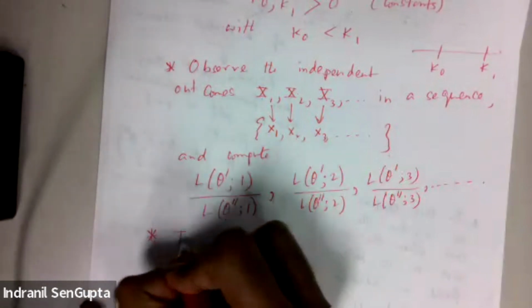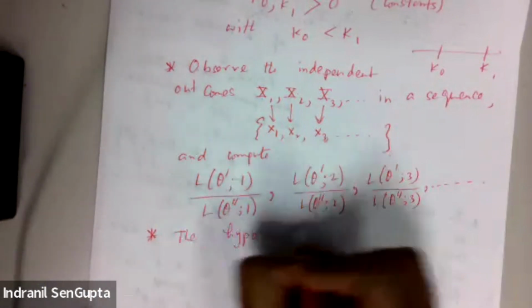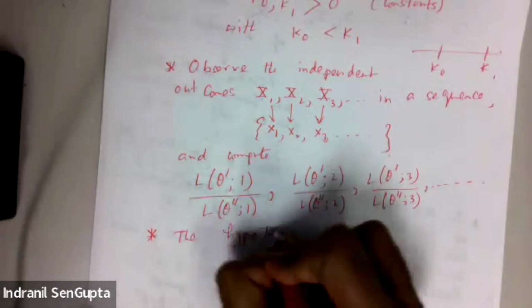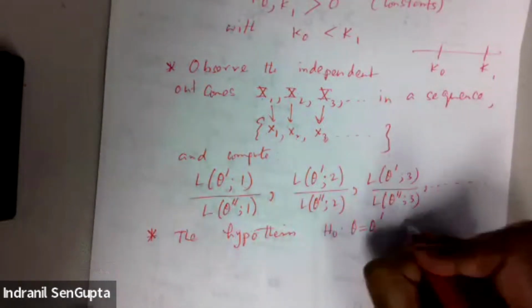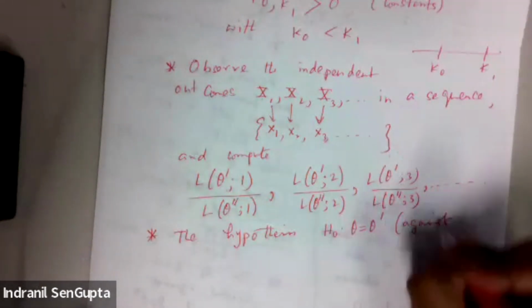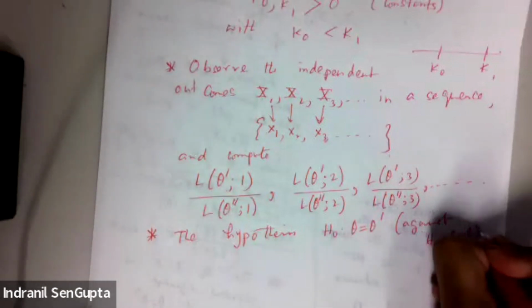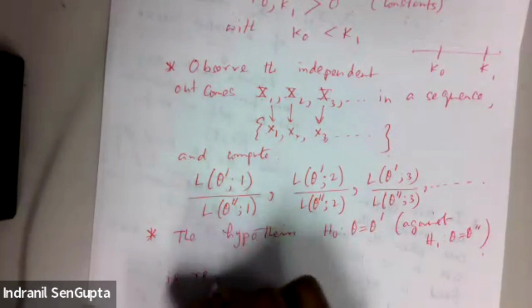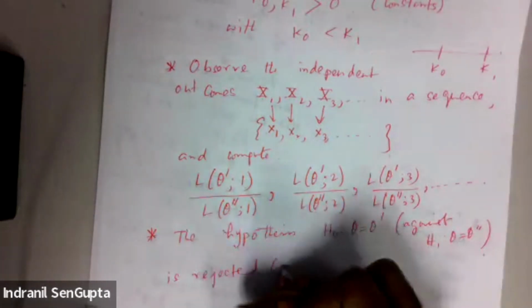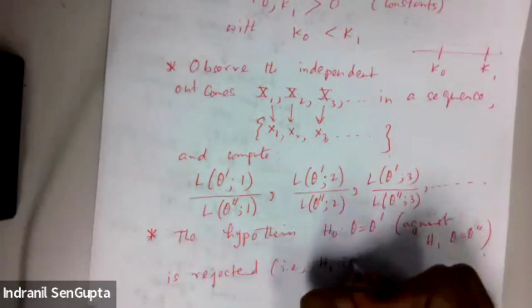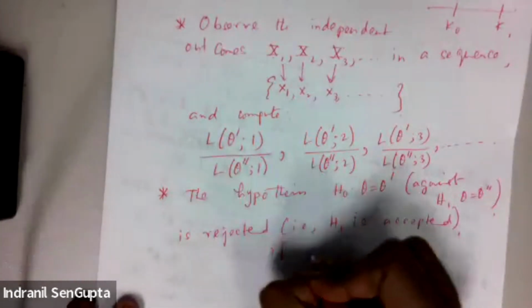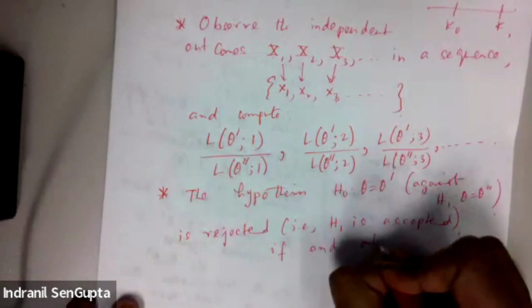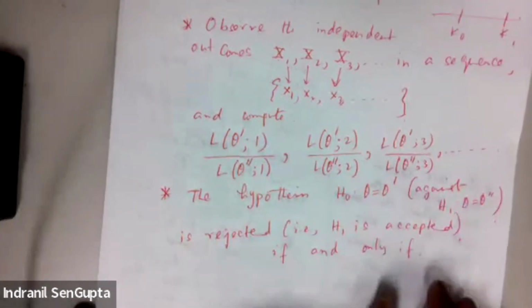Now here's the deal. The hypothesis H0, which is theta equals theta prime, which is used against H1, which is theta equals theta double prime, is rejected, that is, H1 is accepted, if and only if the following condition holds.